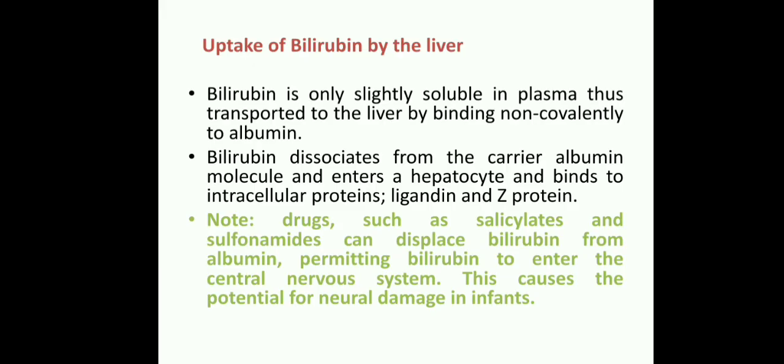Uptake of bilirubin by the liver. How does the liver take up bilirubin? Bilirubin is only slightly soluble in the plasma, thus it is transported to the liver by binding non-covalently to albumin.